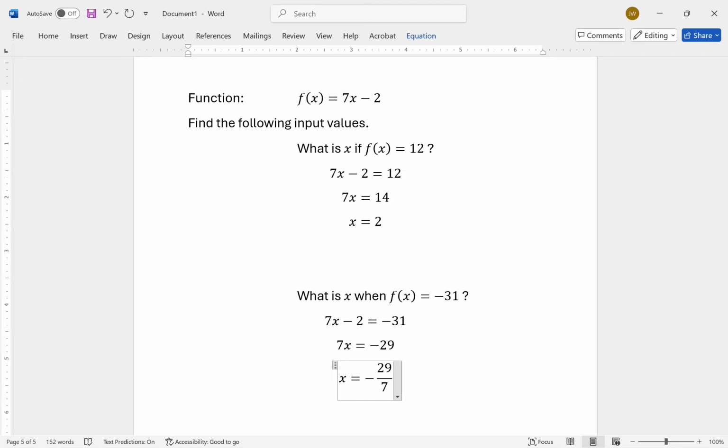You can also say that's negative 4 1/7 if you want to do a mixed number. It doesn't really matter. The point is, you solve for x, and obviously I get a fraction in this case. So that's how we can find input values if we're given output values.